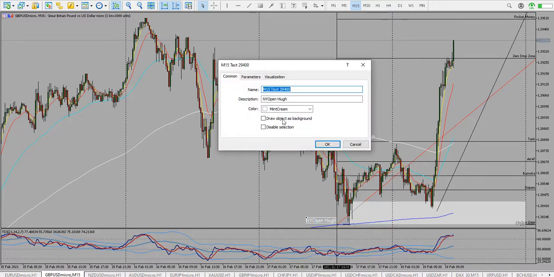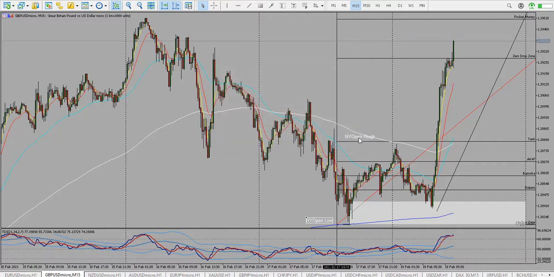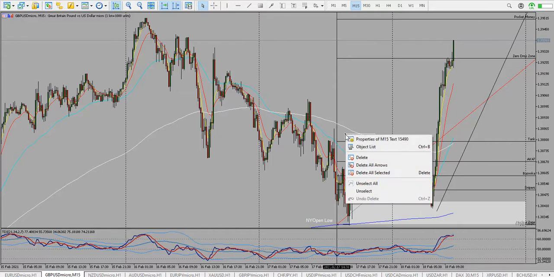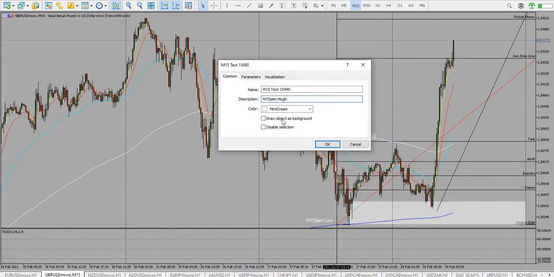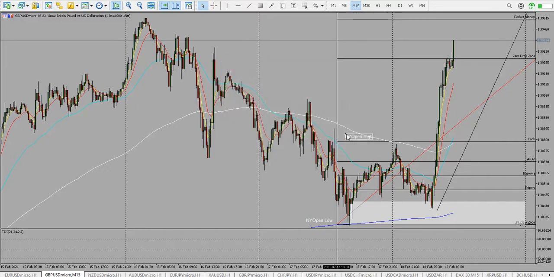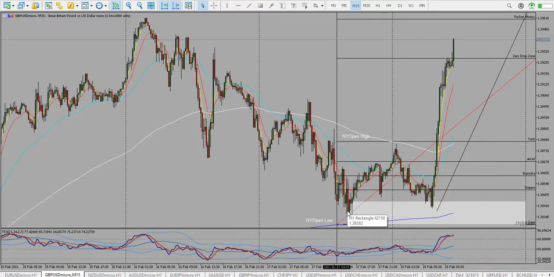Let me correct this one. Then, since the New York lows were not taken out from this movement, but considering this setup, this was our wash, and then this was going to be our low of the high of the New York open, this area.